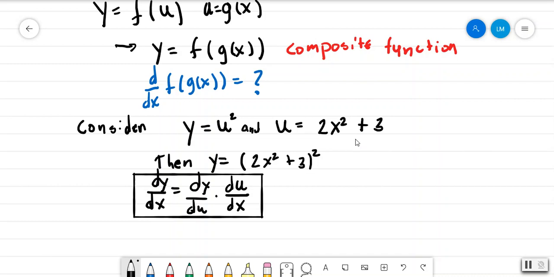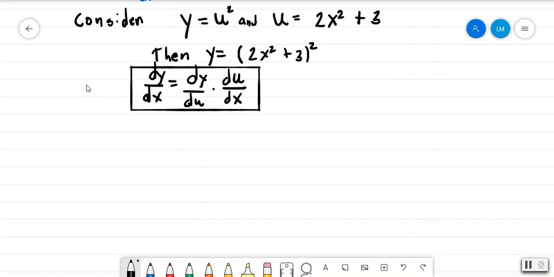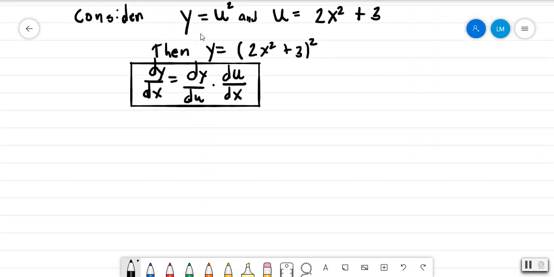So let's go ahead and look at how we can find the derivative of y with respect to u and then the derivative of u with respect to x. We just need to find dy/du, which is equal to 2u. But then if we look at du/dx, du/dx is equal to 4x. That doesn't seem too bad.